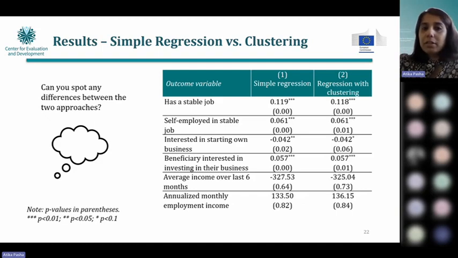If we were to cluster our standard errors associated with the program clustering, we get a similar result, at 11.8, so still around 12% more likely to have a stable job. We are also about 6% more likely to be self-employed in a stable job, 4% less likely to be interested in starting our own business, and so on.